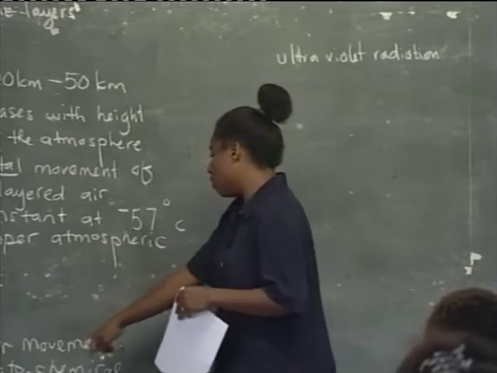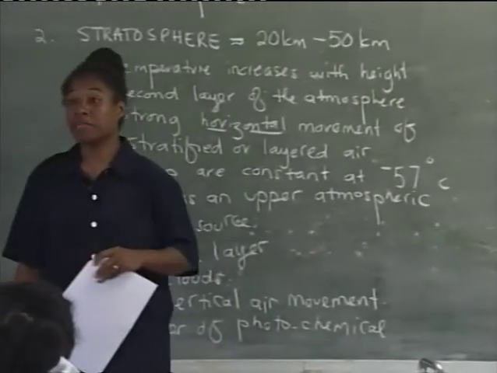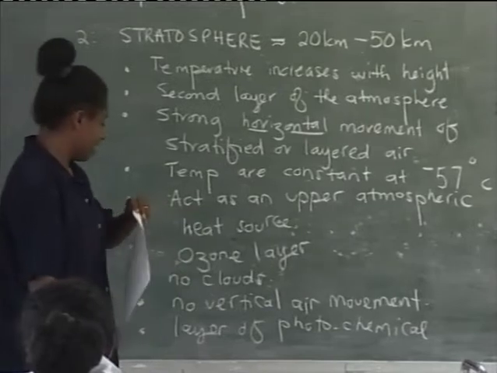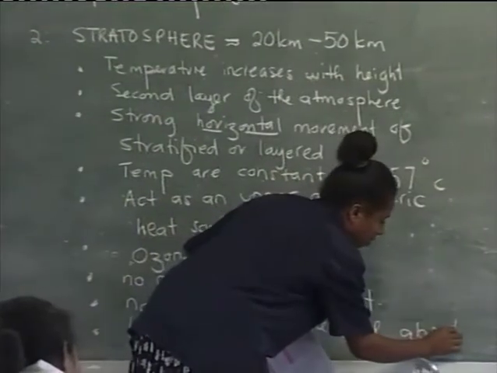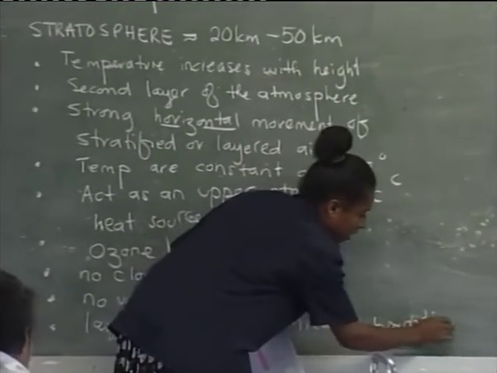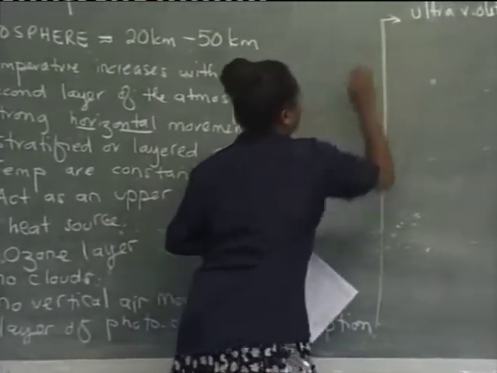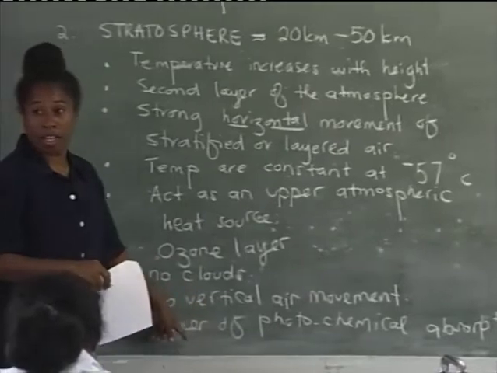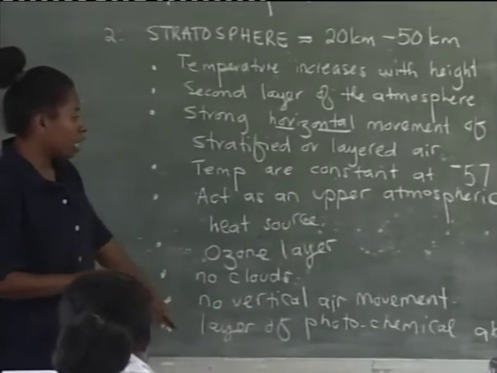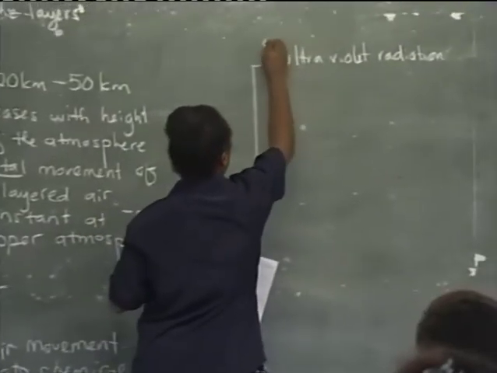Okay, the layer of photochemical absorption of ultraviolet radiation.